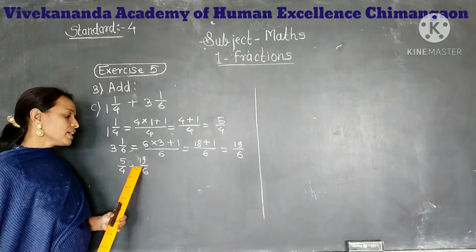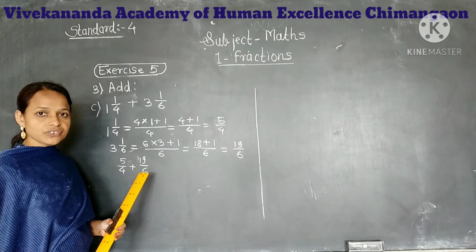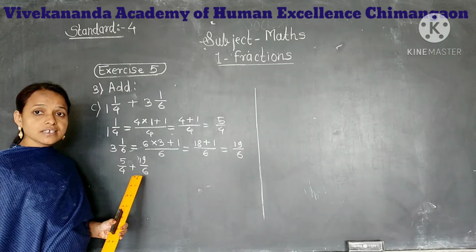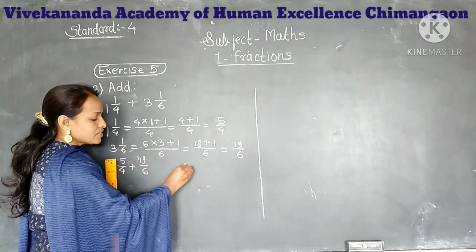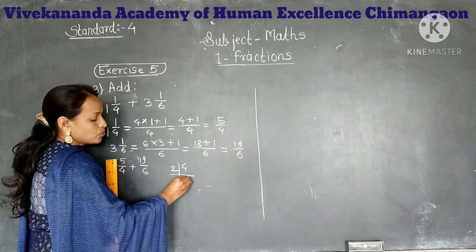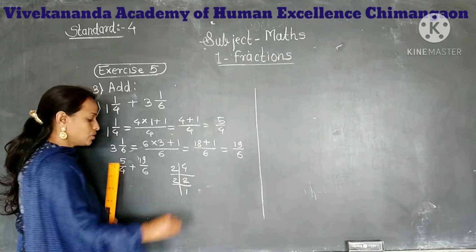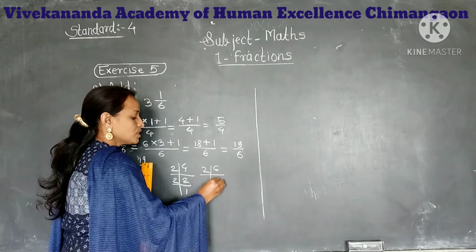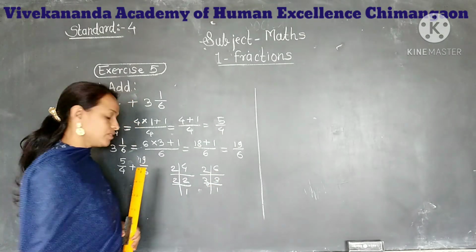Now 5 upon 4 and 19 upon 6, these are unlike fractions. So we have to convert them into like fractions by finding the LCM. So prime factorization of 4, 2 2s are 4, 2 1s are 2. And prime factorization of 6, 2 3s are 6, 3 1s are 3.